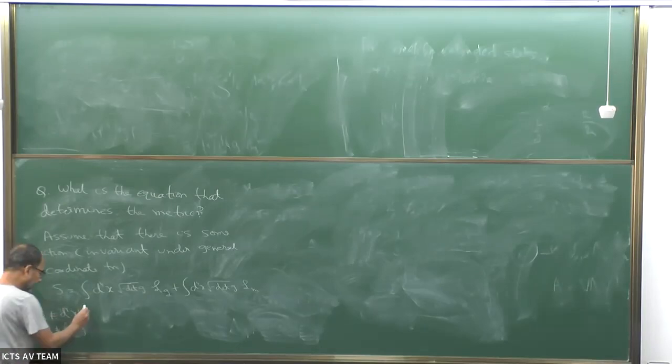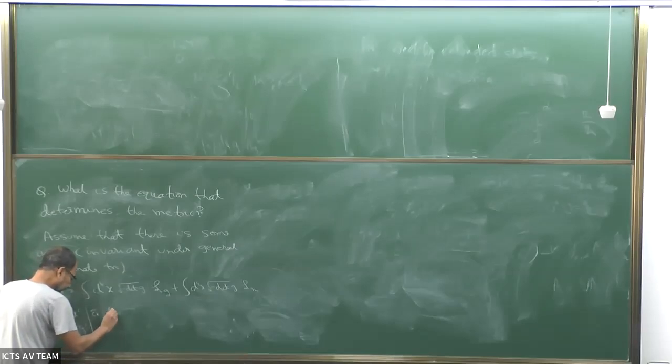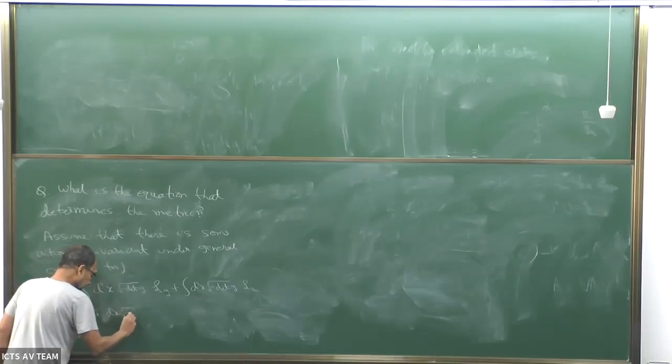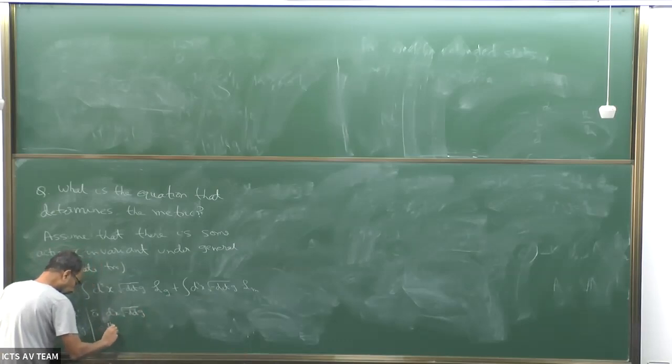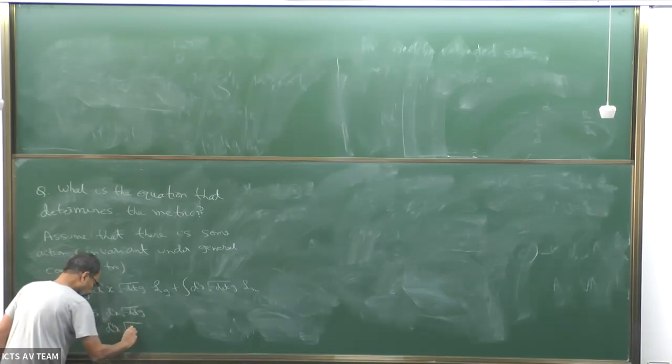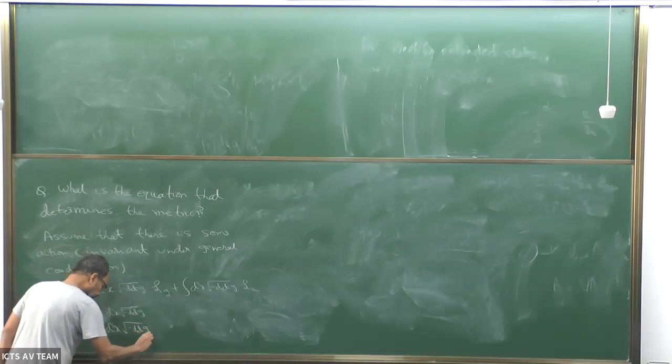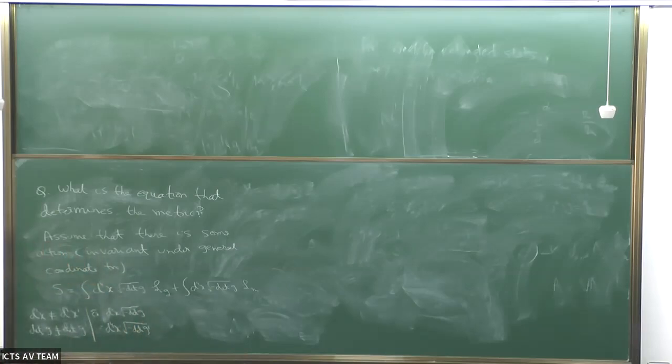But I'll leave it as an exercise to show, this is a simple exercise, that this combination is general coordinate invariant. Namely, whatever determinant you get in changing variable from x to x prime is exactly cancelled by the determinant that you get from changing g to g prime.